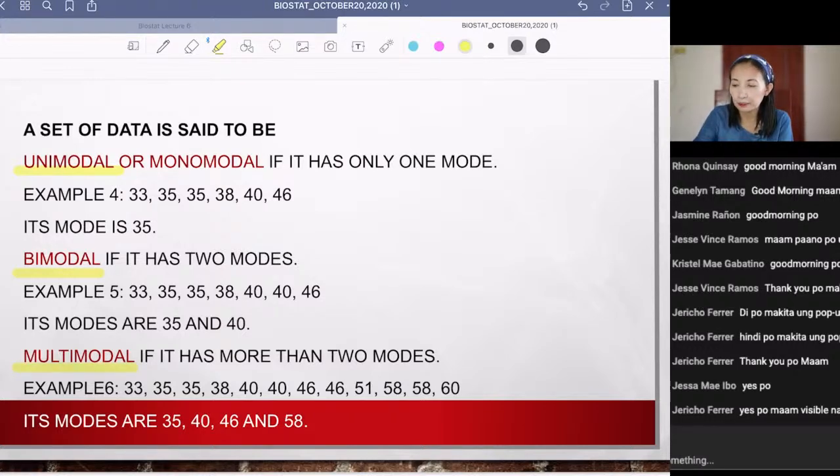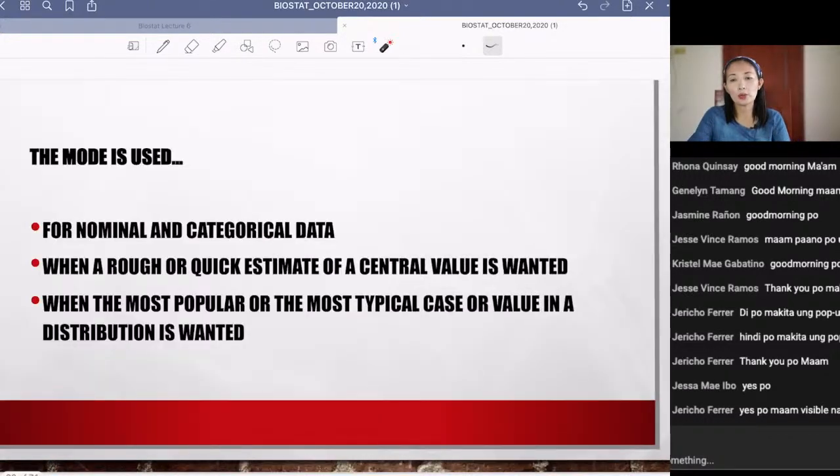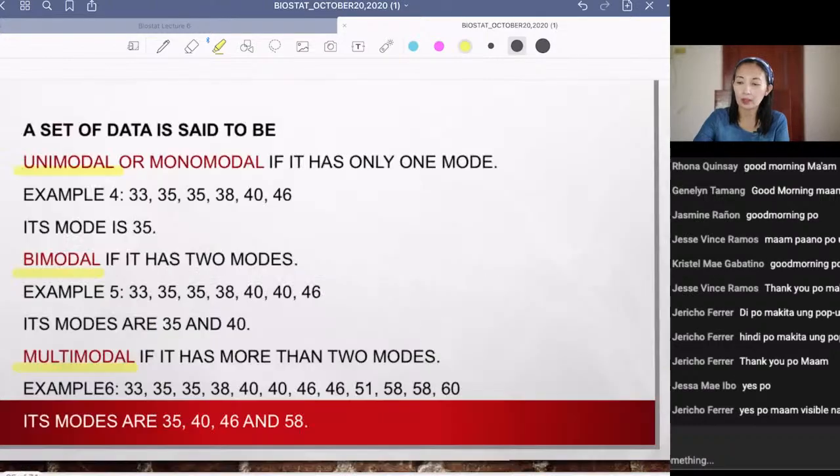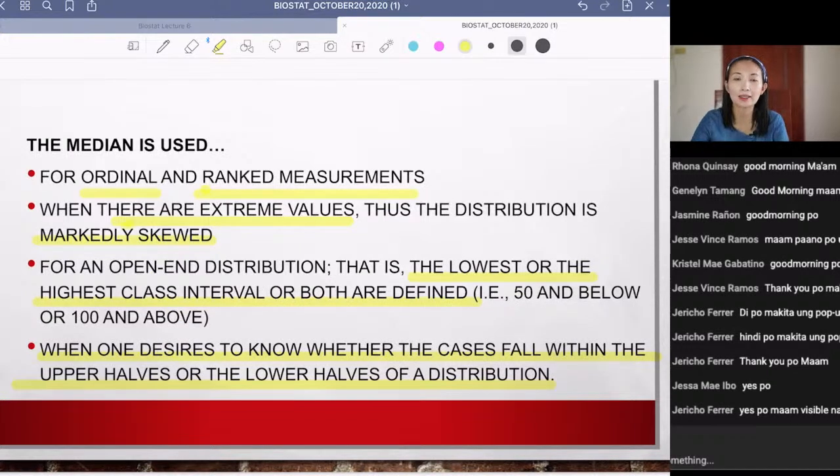For example, 33, 35, and so on. How many modes are there? 35, 40, 46, and 58. So multimodal. When is it used? The mode is used for nominal and categorical data. Earlier, the median is for ordinal and ranked measurements.